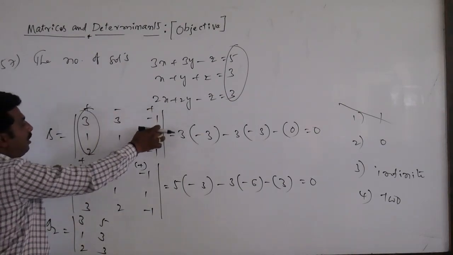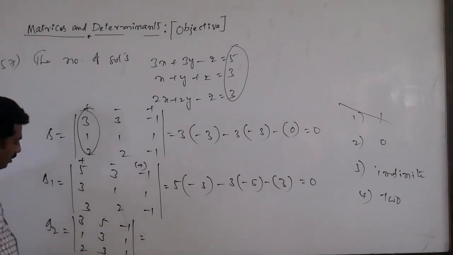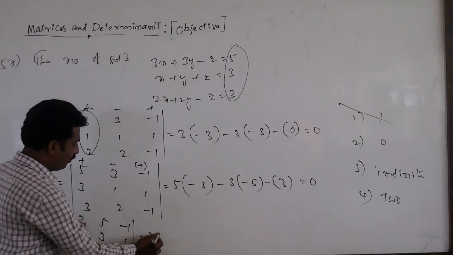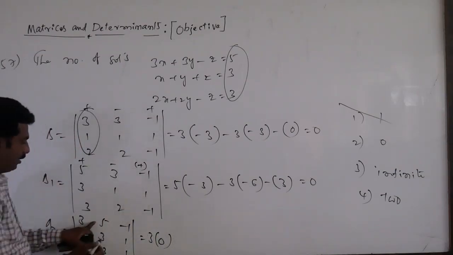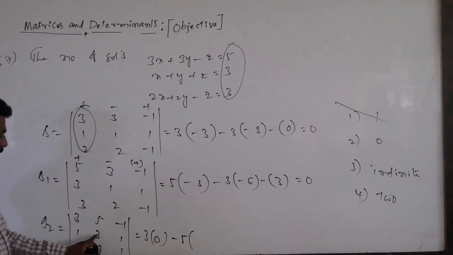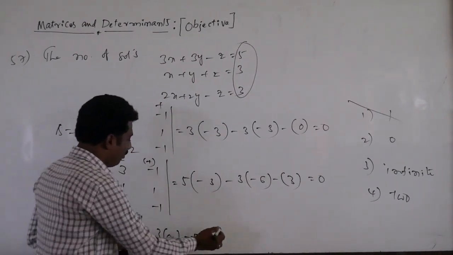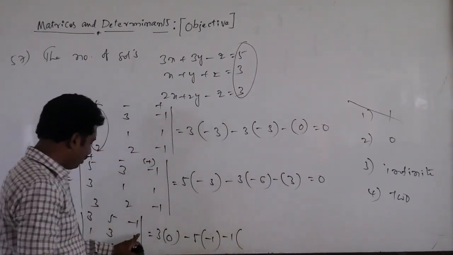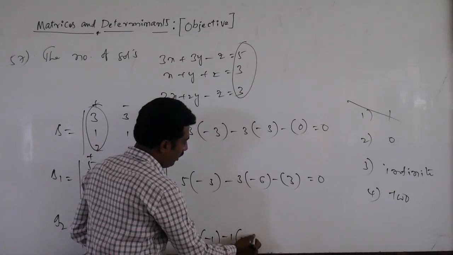No changes in the third column: minus 1, 1, minus 1. Again, we expand according to the first row. 3 into 3 minus 3, which is 0. Minus 5 into 1 minus 2, minus 1 into, closing this column and this row, 3 minus 6, which is minus 3.